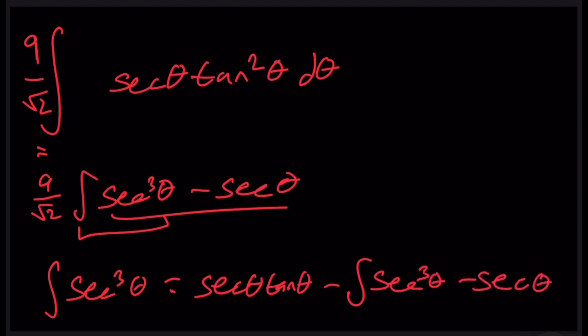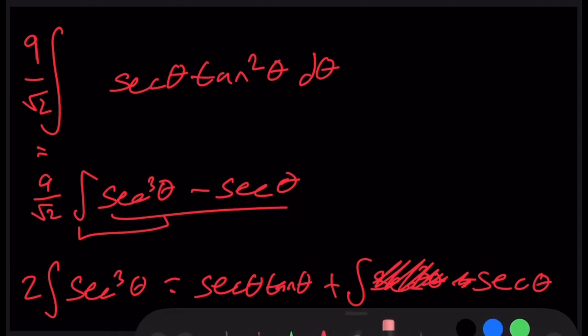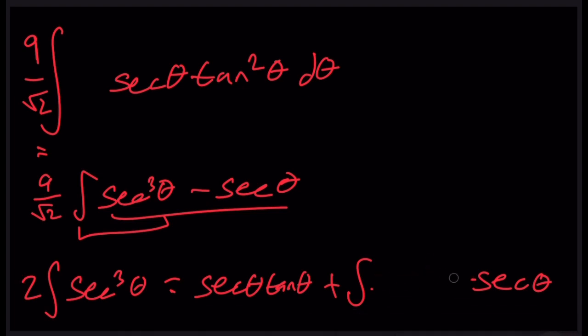Move this over to that side. I can actually make this a positive here. And so we get secant cubed theta to be equal to, let me write this nicer, 1/2 secant theta tangent theta plus 1/2 the integral of secant theta.